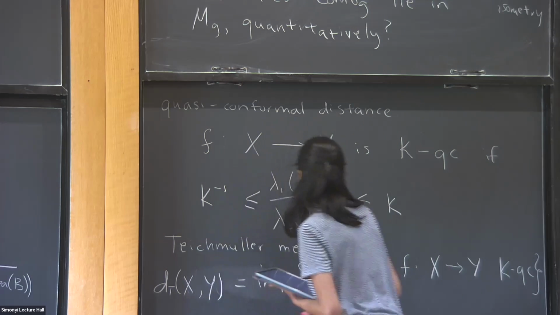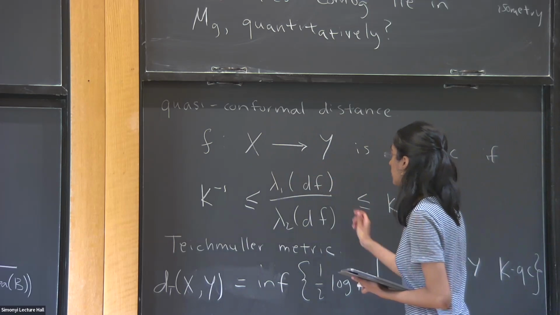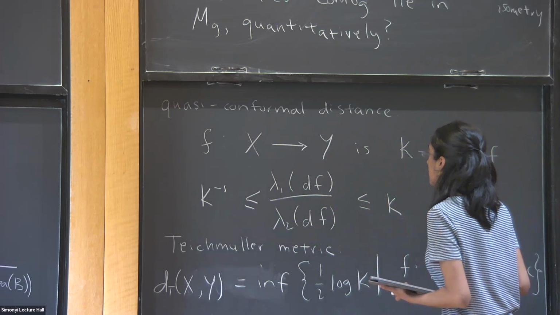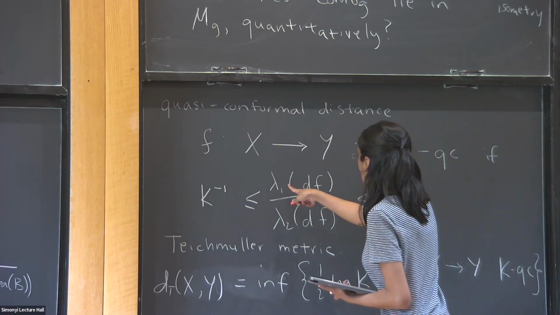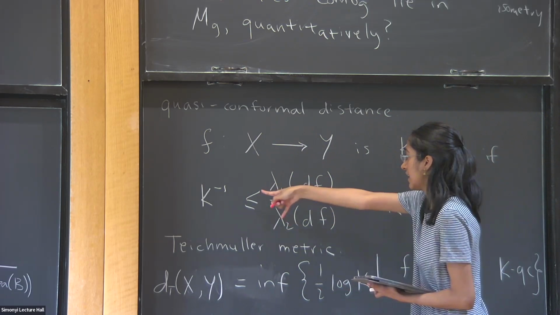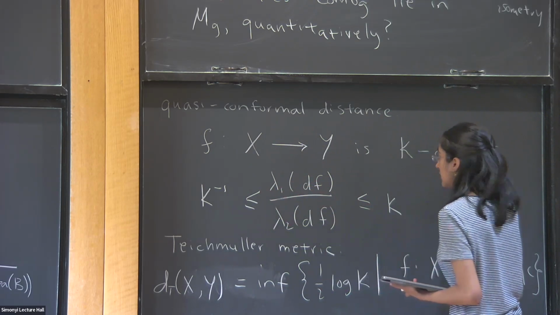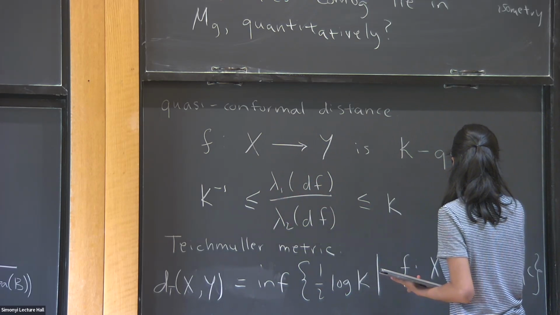If you don't want to think about quasi-conformal maps, there is another geometric way to think about this: instead of requiring this ratio to be bounded by K and K inverse, you simply require each one.